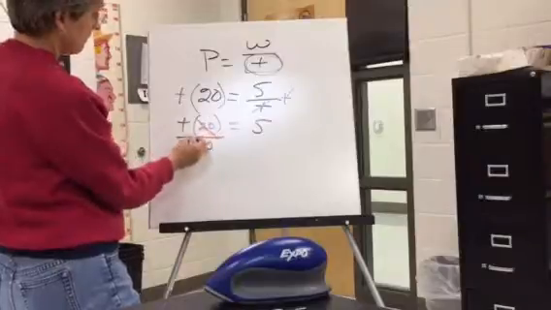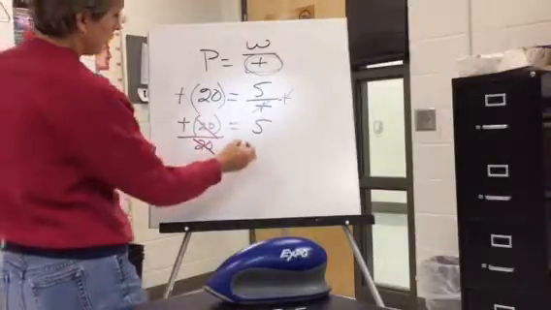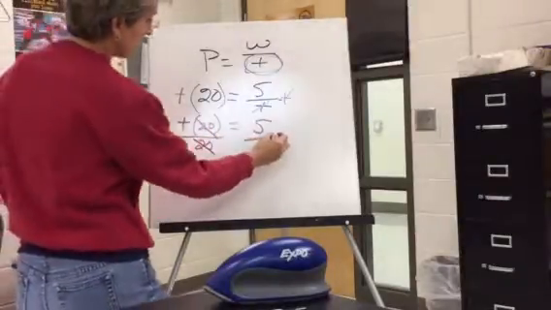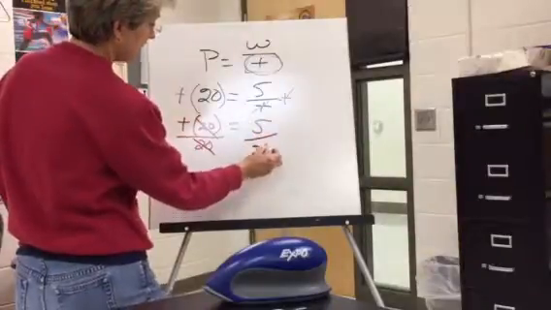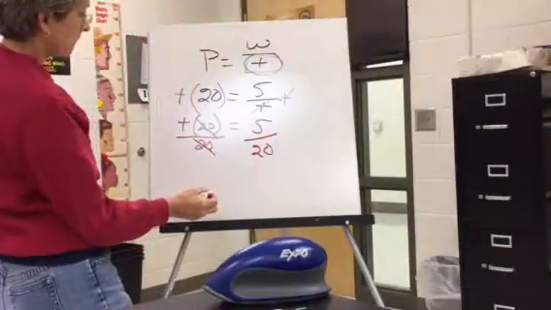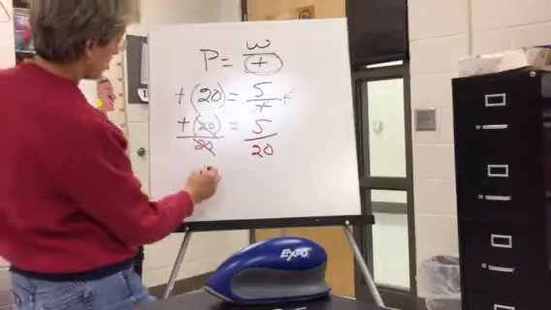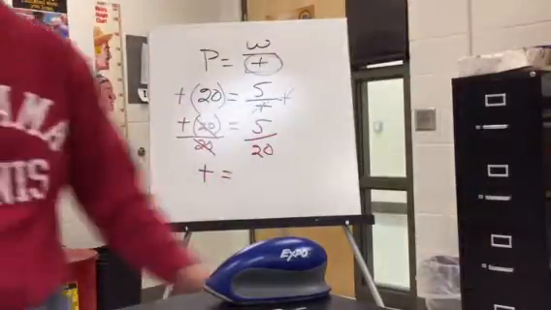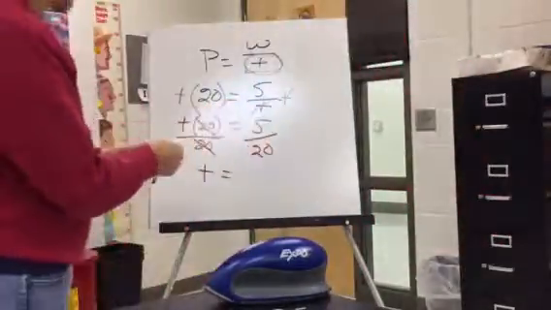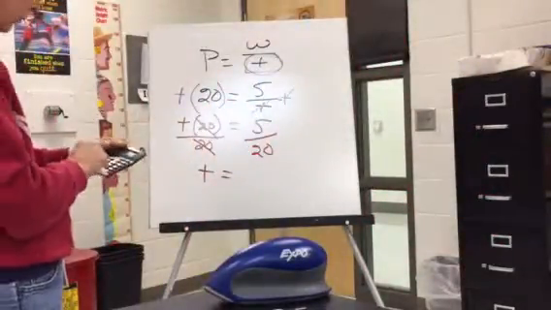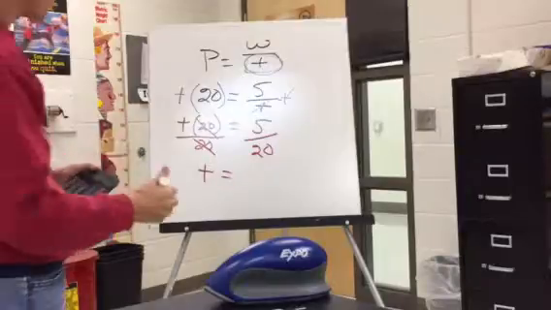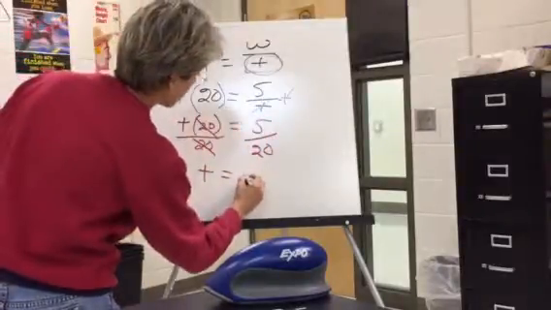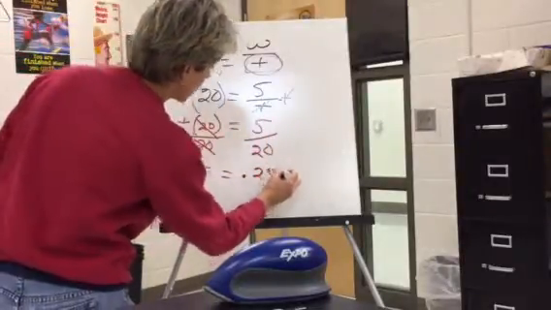Whatever you do over here, you have to do over here. And so time is isolated. If I'm working in the real world and wanting to know these numbers, the answer would be 0.25.